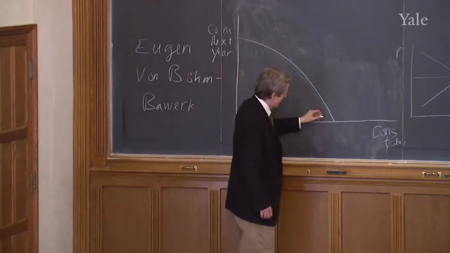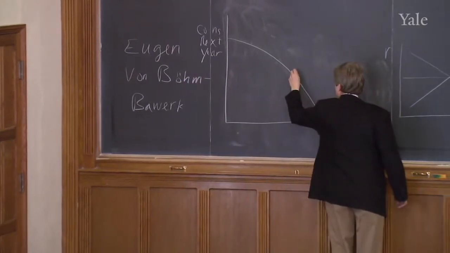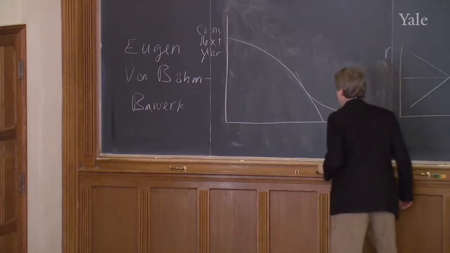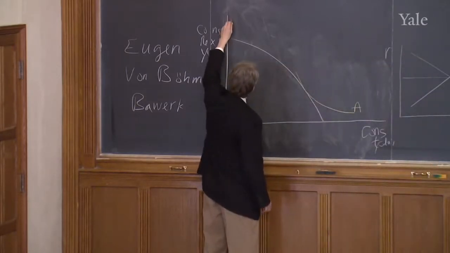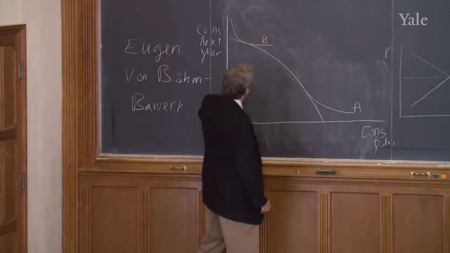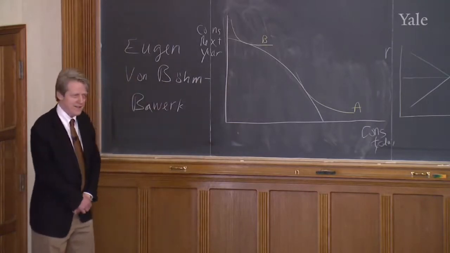So Crusoe A's indifference curves form a tangency down here. This is A. And Crusoe B's indifference curves are up here. This is B. And so they are planning to plant.